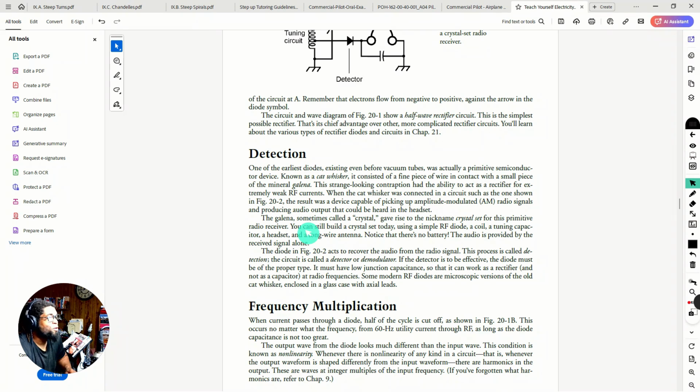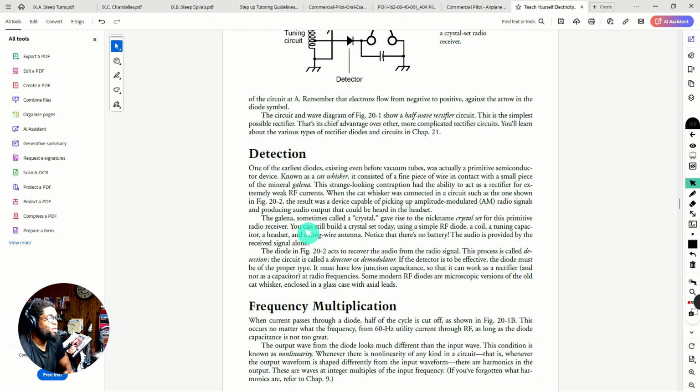When the cat whisker was connected to the circuit, such as the one shown in figure 20-2, the result was a device capable of picking up amplitude modulation, AM radio signals, and producing audio output that could be heard in the headset. The galena, sometimes called a crystal, gave rise to the nickname crystal set for this primitive radio receiver.